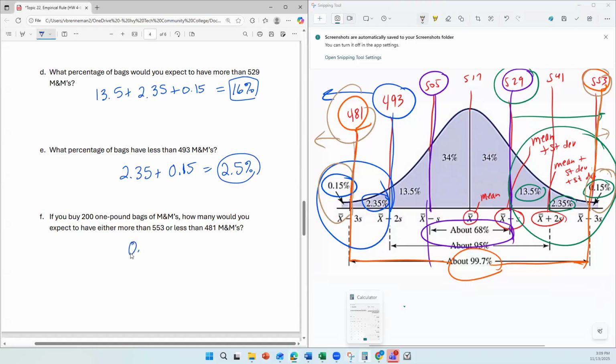They're 0.15% each. That adds up to 0.3%, and we take that percent of the 200, which is 0.6 bags. So that would be, I could maybe say, maybe one bag. That would either be extra big or extra small.